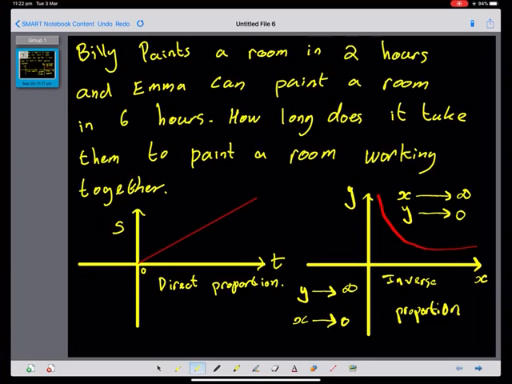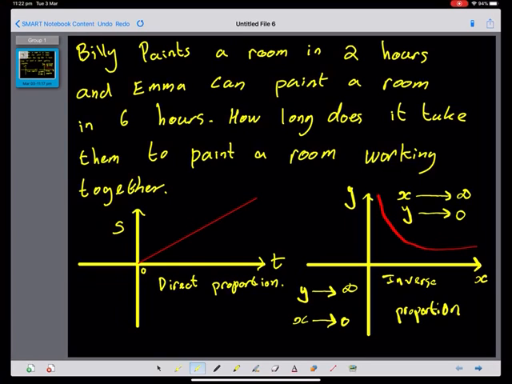So infinity is a concept of an infinitely large, not a number, but the largest entity ever. Okay, so let's look at some examples where we have inverse proportion.